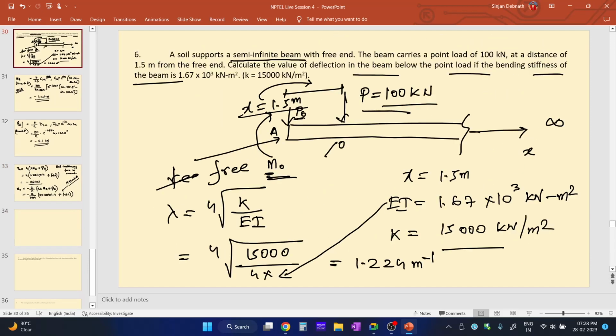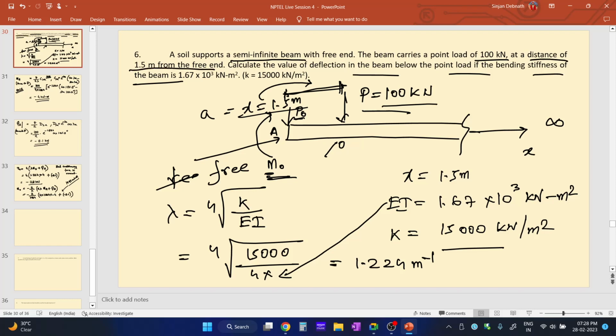So now this one is A, this particular distance is A or X, which is equal to 1.5 meter. So at 1.5 meter from the free end, the beam carries a point load of 100 kN at a distance of 1.5 meter from the free end.